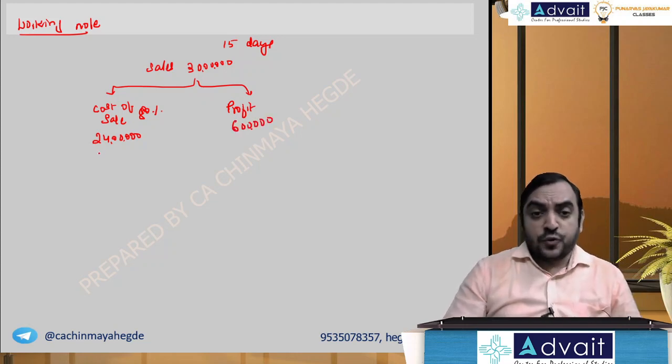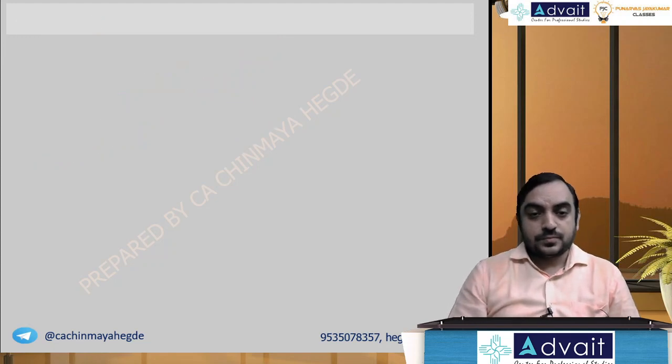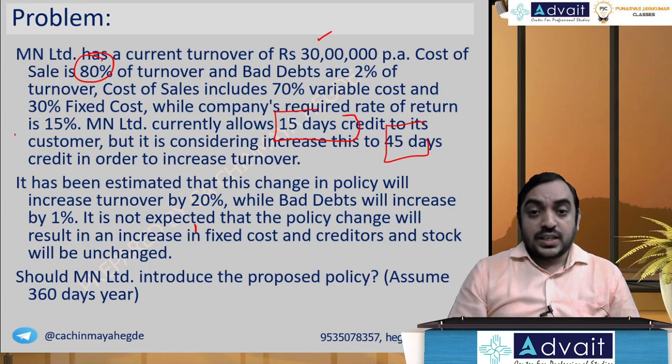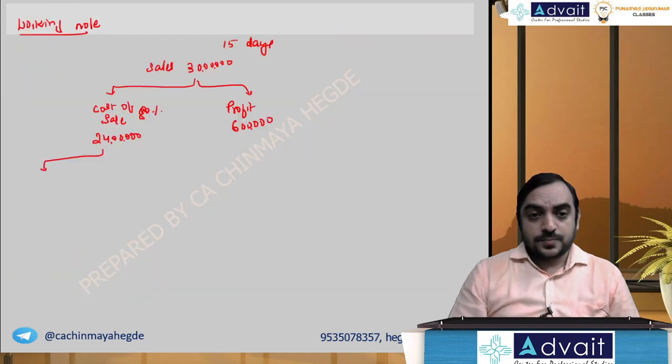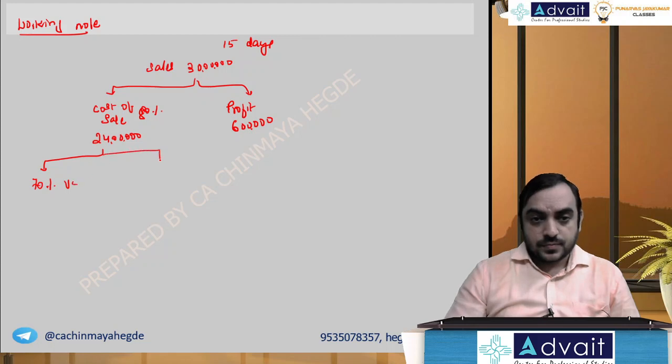But out of 24 lakh, one more piece of information is given: 70% is variable cost and 30% is fixed cost.